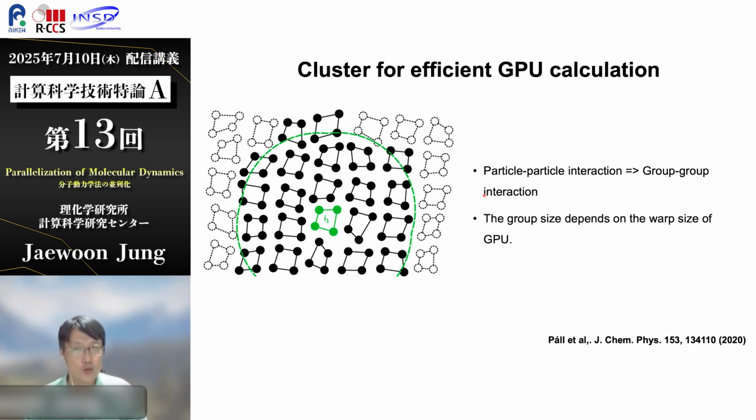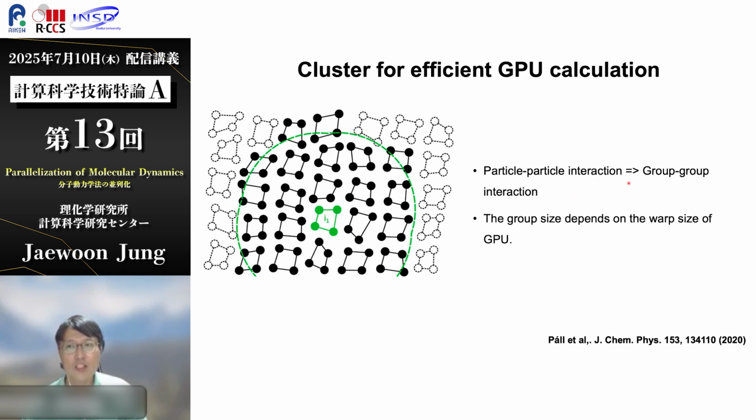To do this, in GROMACS, they make a cluster of particles. So they consider some kind of group-group interaction for particle-particle interaction.